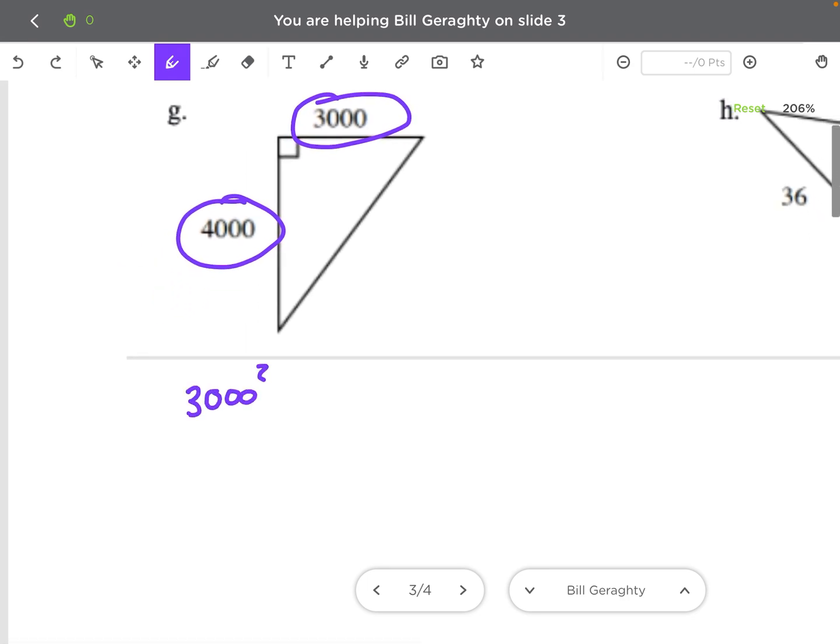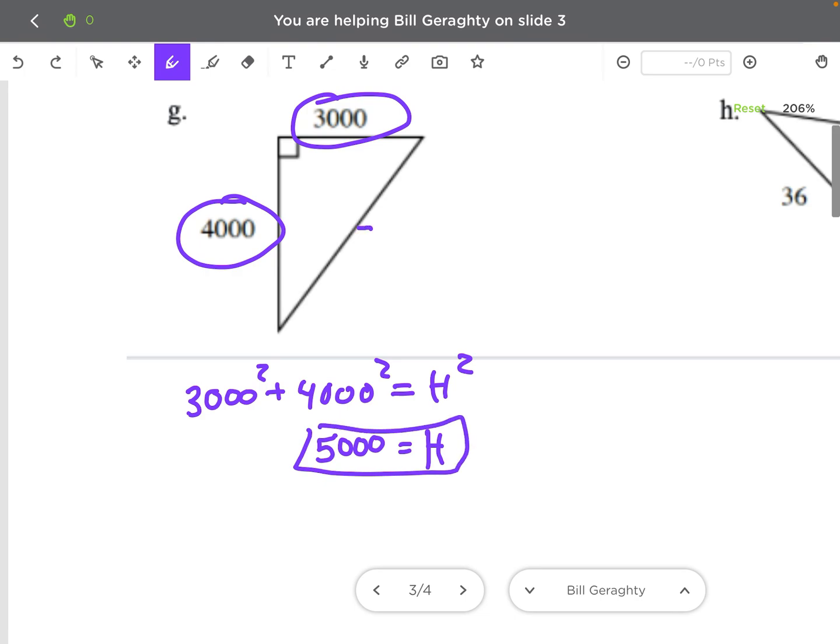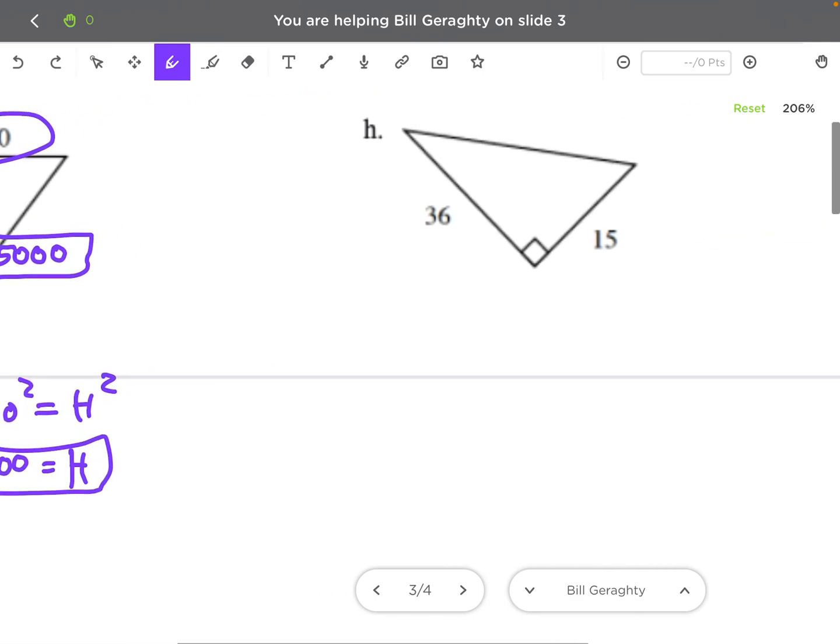So you're going to do 3,000 squared plus 4,000 squared equals hypotenuse squared. And when you actually go through and do this, you will get that the hypotenuse is 5,000. And we're going to talk more about this and why it is that this happens.